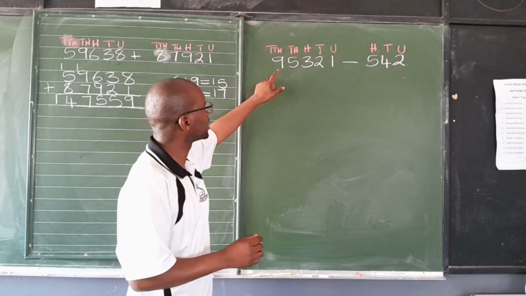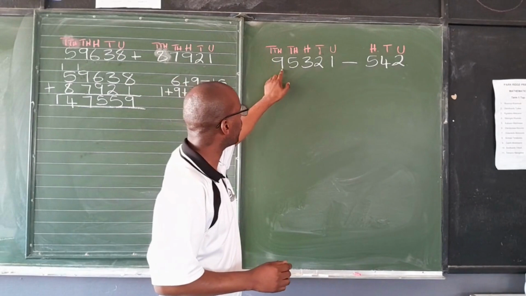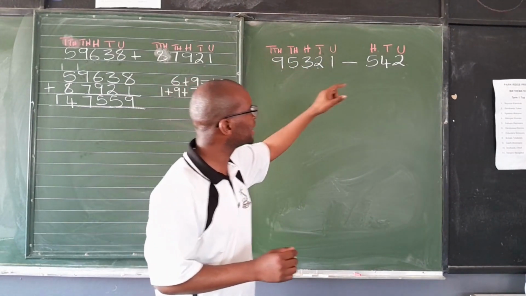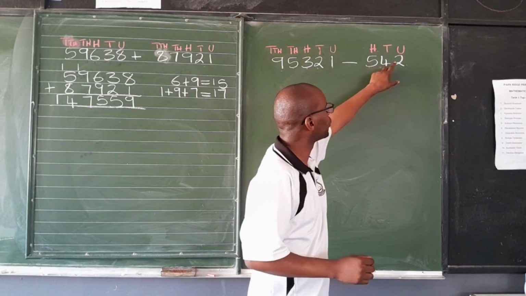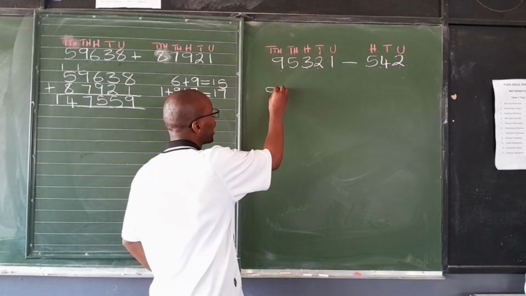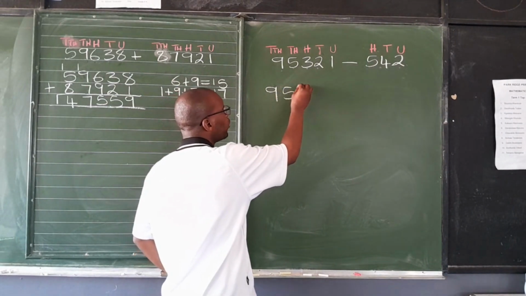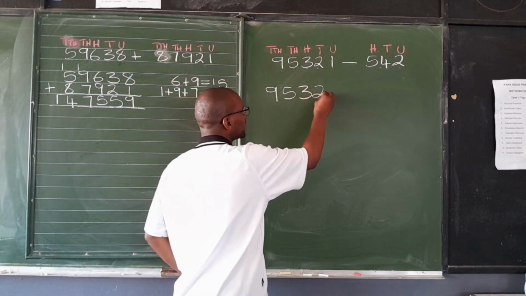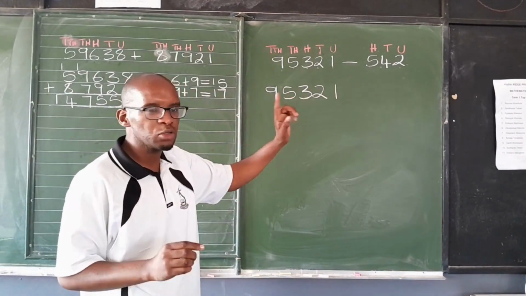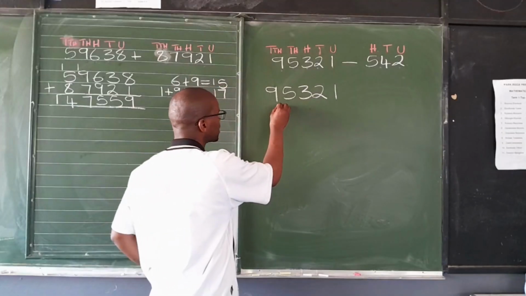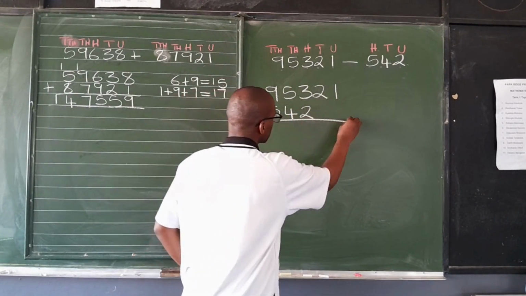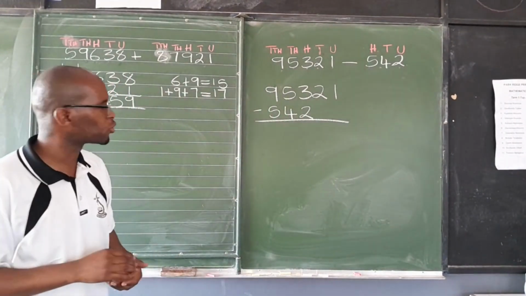Because here we can see that in the first number we have 5 digits, but in the second number we have 3 digits. So we need to make sure that when we apply our column method, we write every number underneath the correct place value. You can't go and write the number 542 like this because then your answer is going to be wrong.